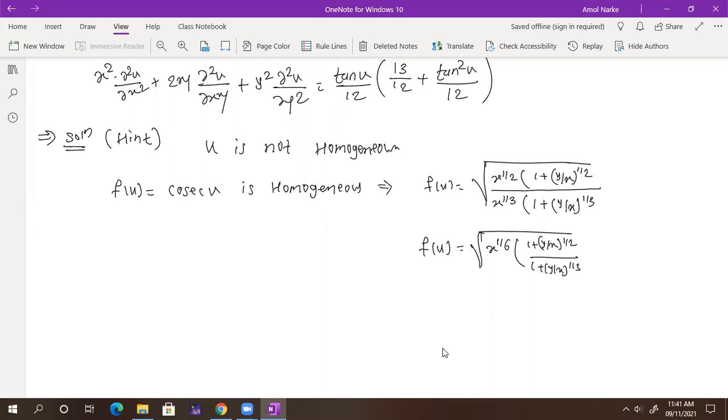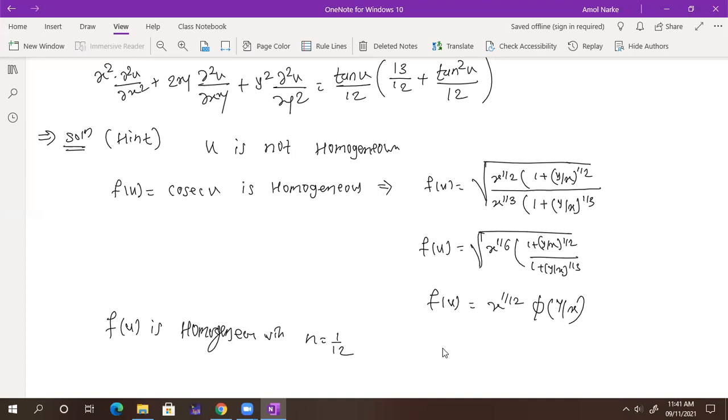And now again we have square, so I can write x raised to 1 by 12 into some function of y divided by x. So f of u is homogeneous with n equal to 1 divided by 12.